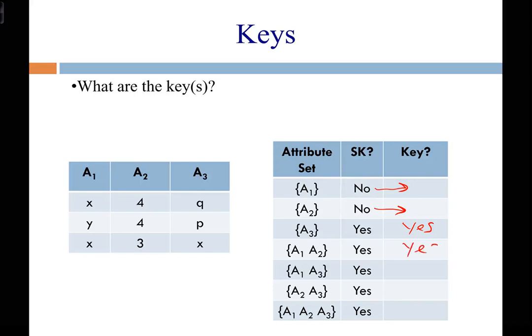So yes. Okay. A1, A3. No, because A3 is a super key. And similarly, we can just answer the rest because all of them have A3 as a proper subset, which by itself is a super key. Okay.